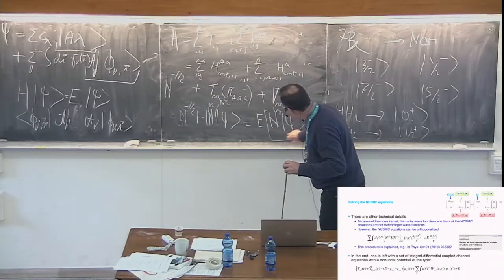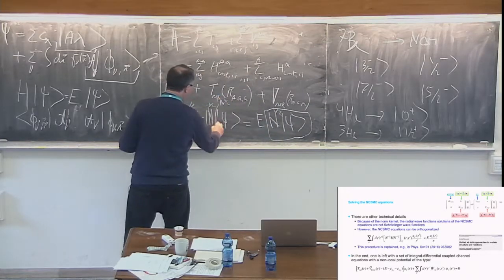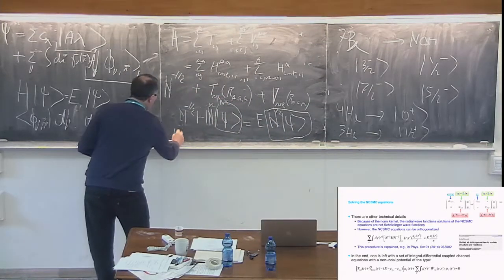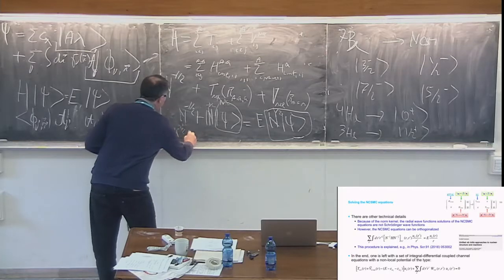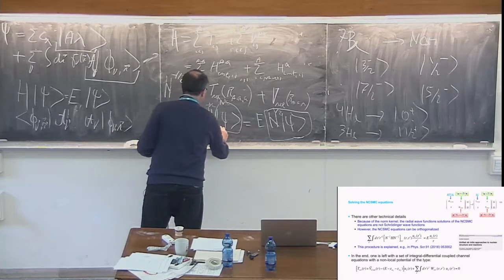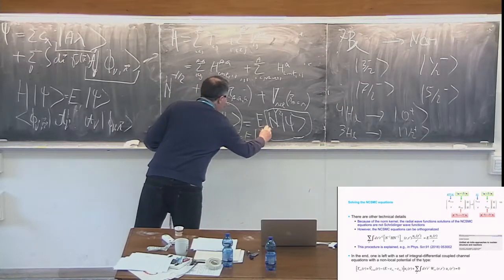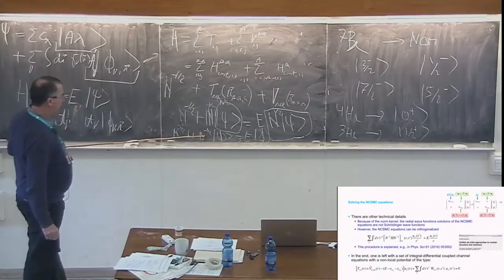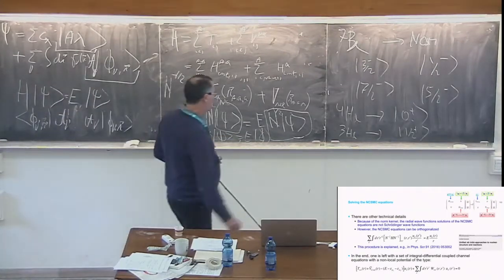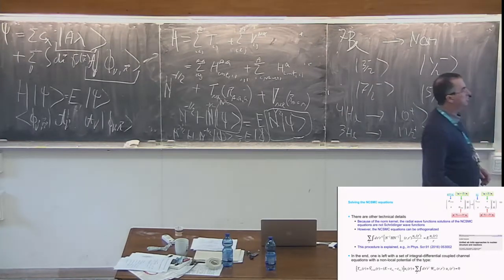So now these will be new kind of eigenstates, right? In the end of the day, I have something like N to the minus 1/2 H N to the minus 1/2, and then I have some new state, which is now in a form which is like a regular Schrödinger equation. So this is straightforward.